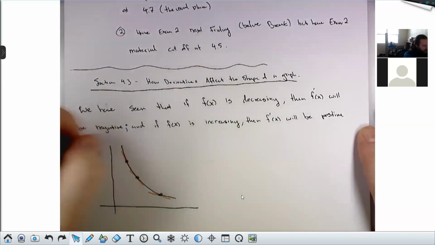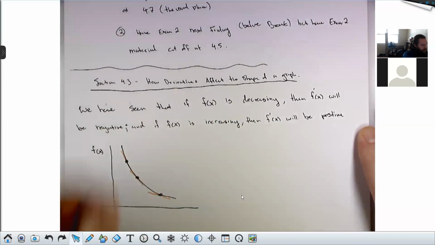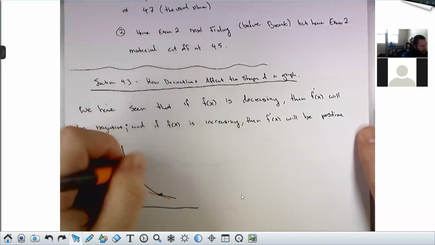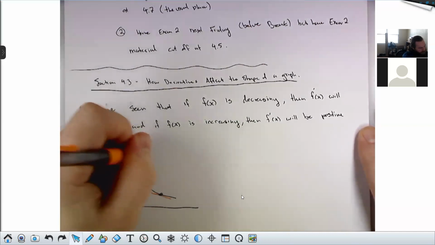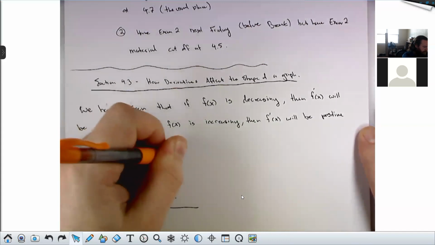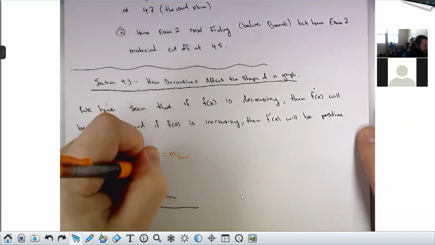So this is the graph of f of x, and f prime is the slope of these tangent lines. It will be negative.